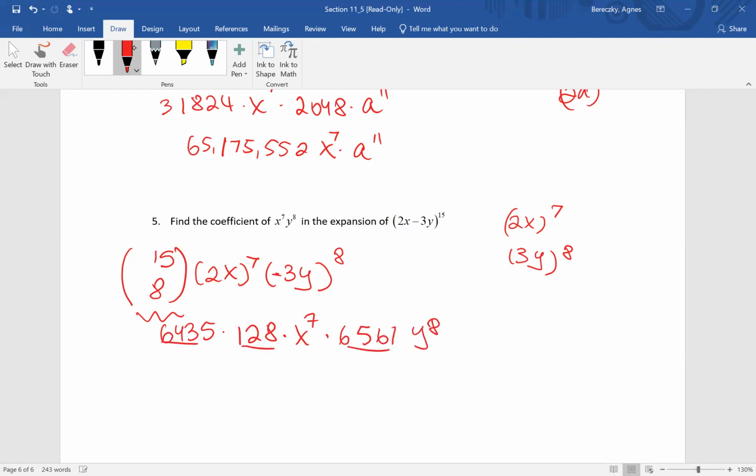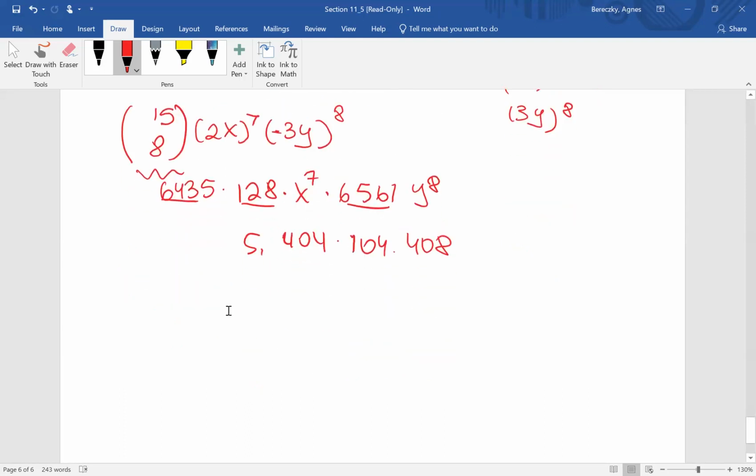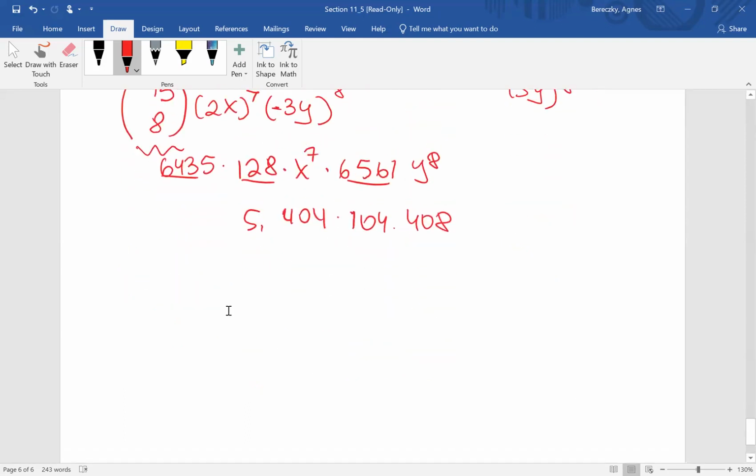So multiplying these numbers is going to give the coefficient, which is 404,104,408, a really, really big, long number. And this is the end of section 11.5.